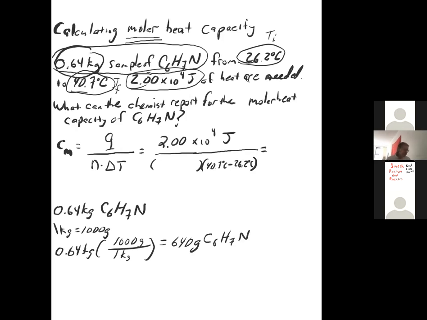Now let's figure out what the molar mass is. There are 6 carbons, so 6 times 12.01. Units of molar mass are grams per mole. There are 7 hydrogens, so 7 times 1.01. And then 1 nitrogen. And there you go.